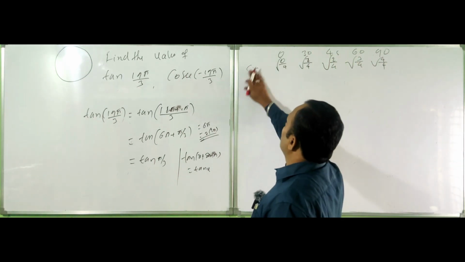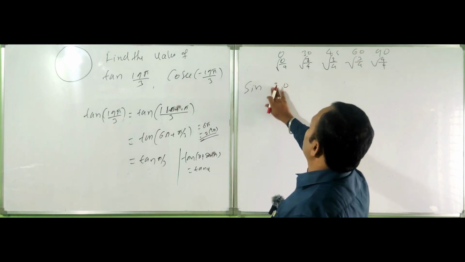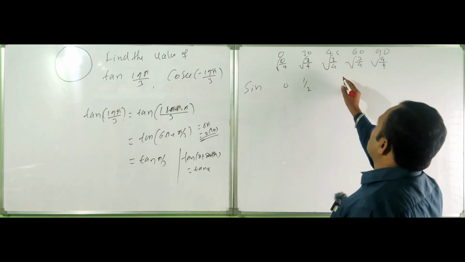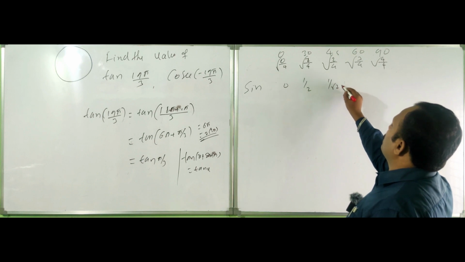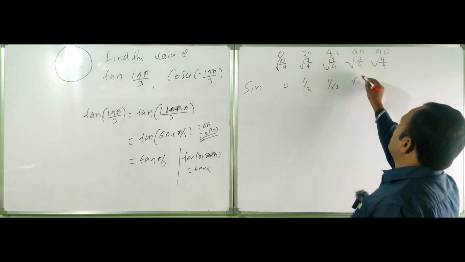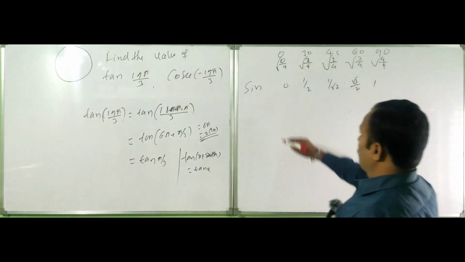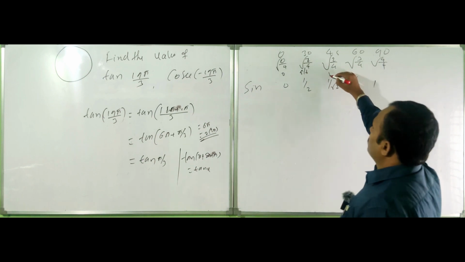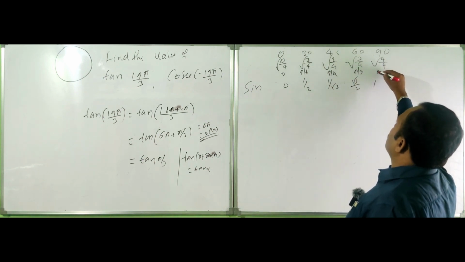Therefore the sine values are 0, 1 by 2, 1 by root 2, root 3 by 2, and 1. And these are 0, pi by 6, pi by 4, pi by 3, pi by 2.